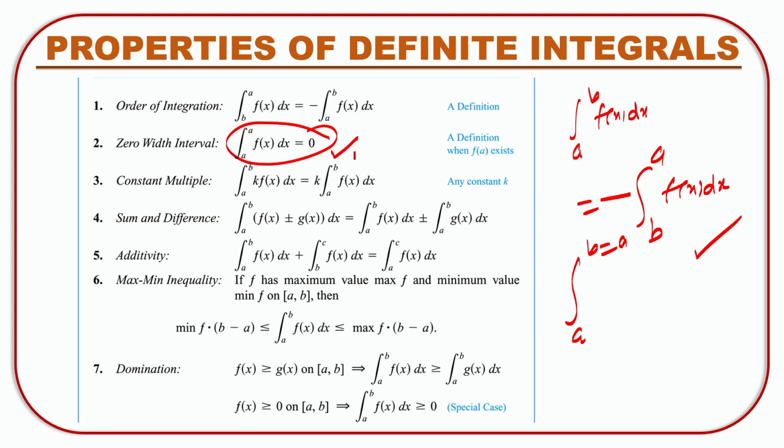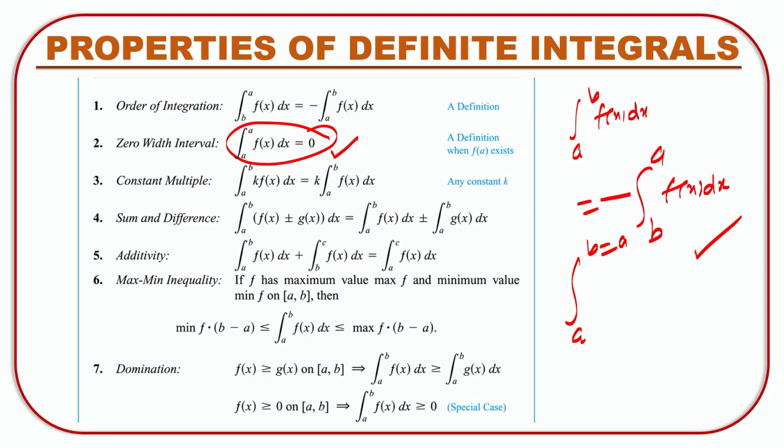And if you are multiplying any function by some constant and taking the definite integral from a to b, then the constant can be taken outside of the integral sign, and it will become k times the integral of f(x) dx from a to b, right? Similarly, you can add or subtract two functions, and the integral will be the individual integrals.